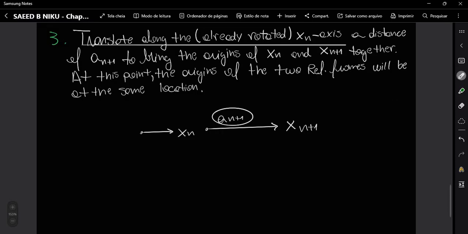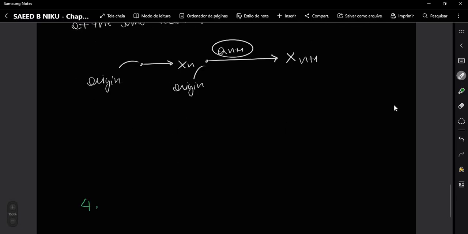Origin, origin, after an plus 1 translation.